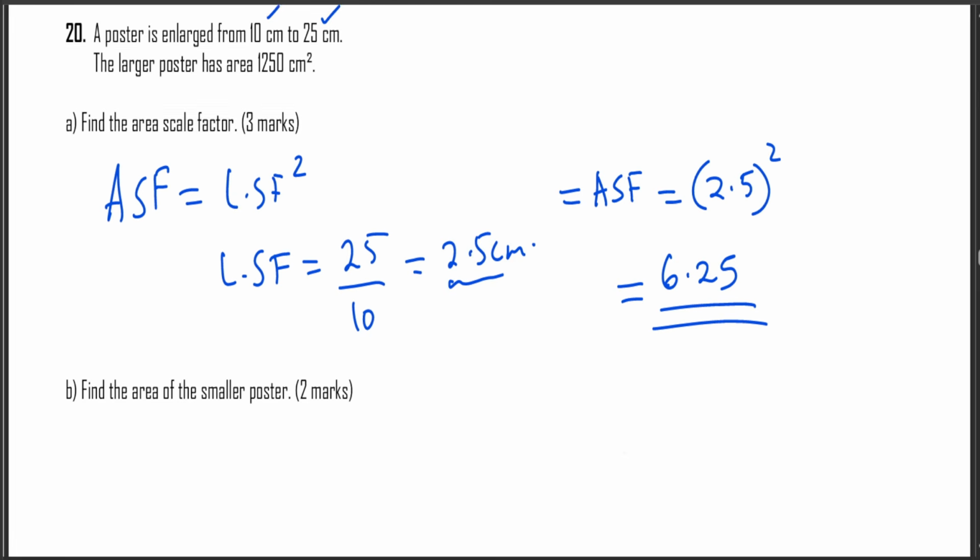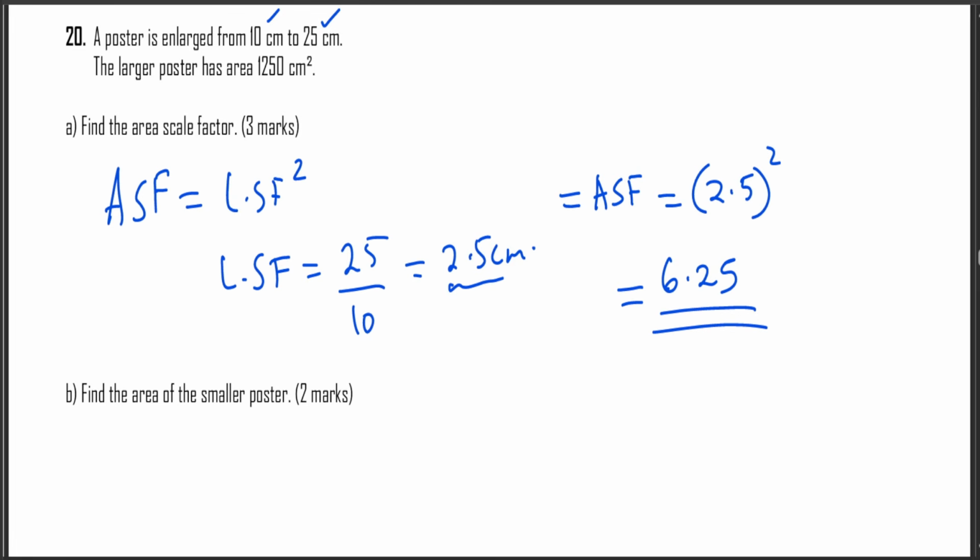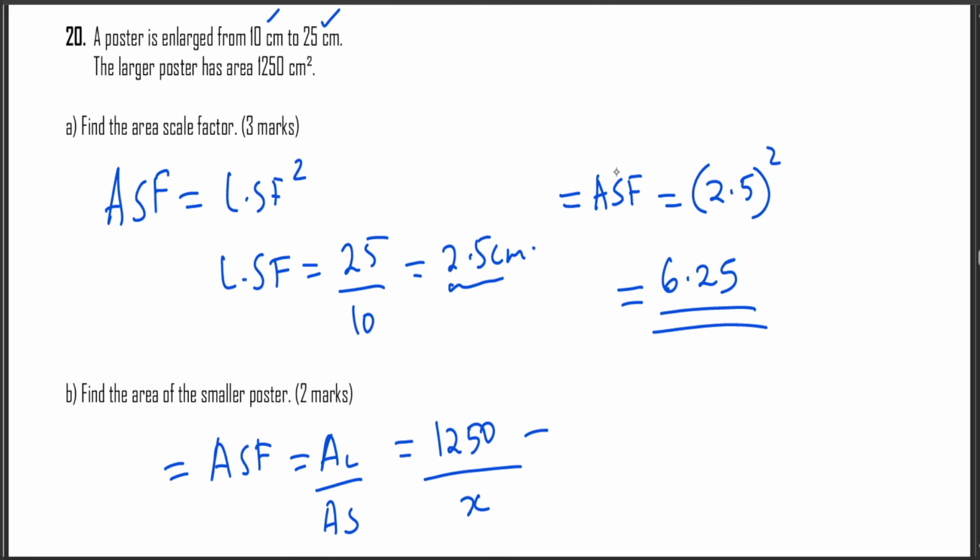Find the area of the smaller poster. Okay, now the area of the larger poster is 1250. If you want to get area scale factor, we usually take the area of the larger poster divided by the area of the smaller poster. So 1250 divided by the smaller poster, which we don't know, x, is equal to the area scale factor, which is 6.25.